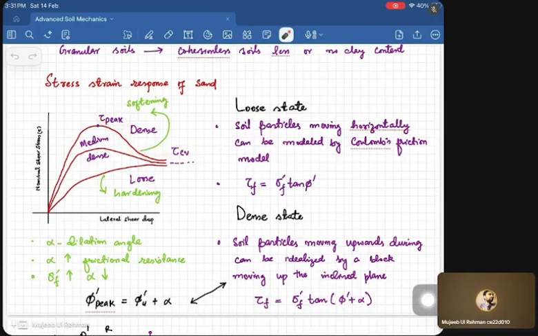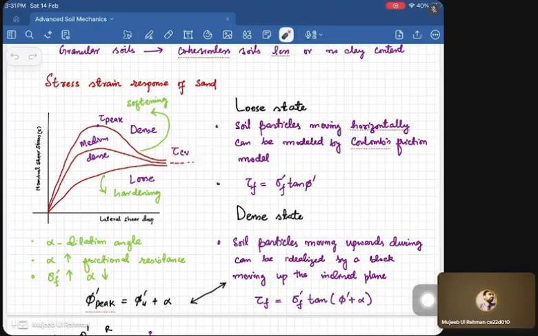So we can say that dense cohesionless soils, or dense granular soils, have a well-defined peak, and after achieving the peak they undergo softening until they reach the critical state at a large strain range.